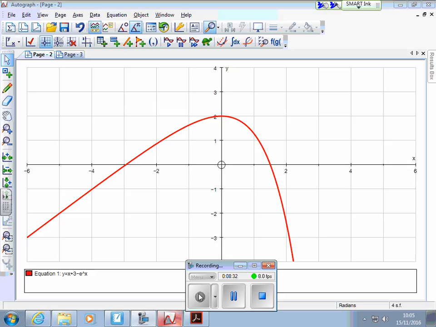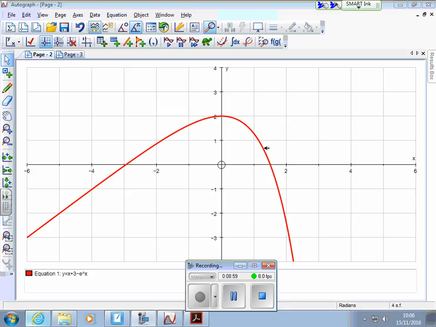On two different graph pages, I've put the function y equals x plus 3 minus e to the x, the one before the last one we did. Remember, we're trying to find the value of x when y is equal to 0. That's what the root is.